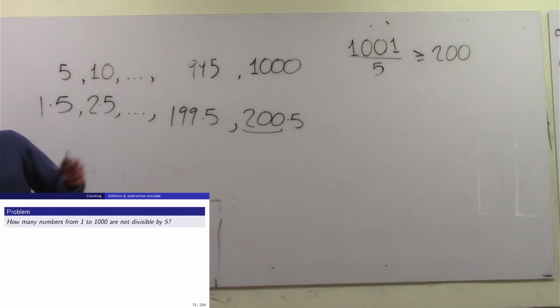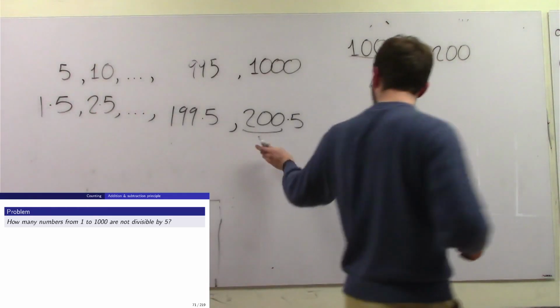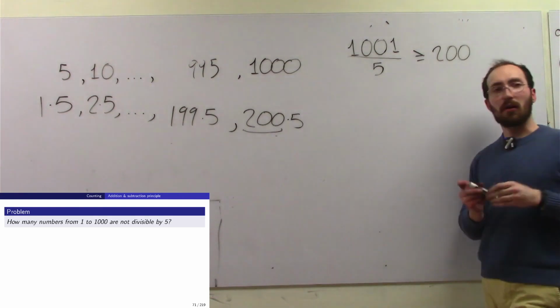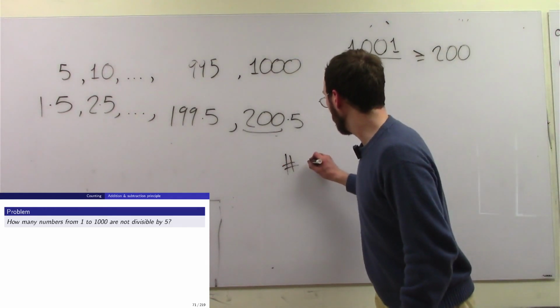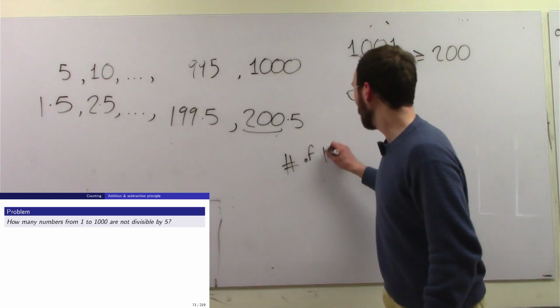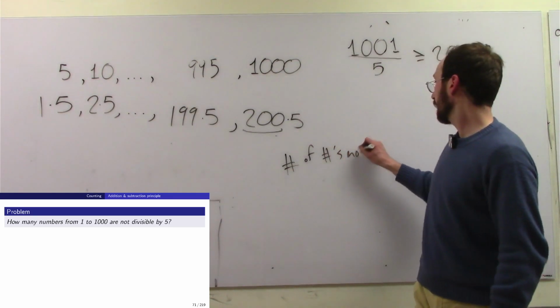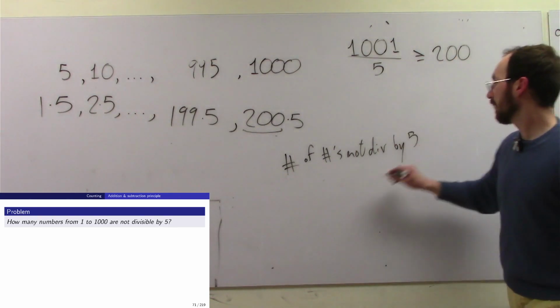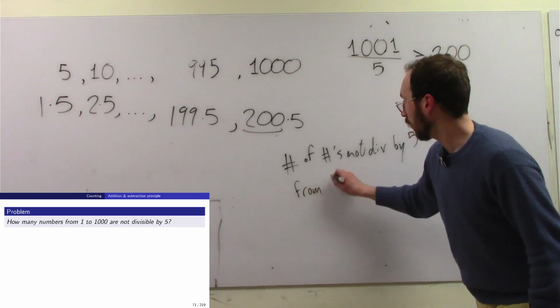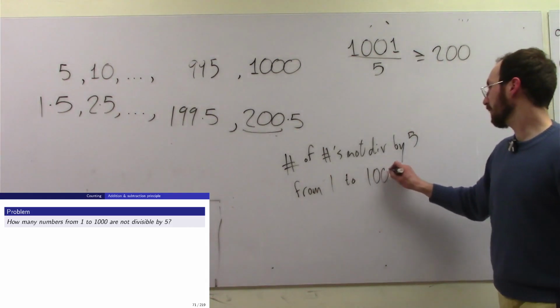So now this is great. We have 200 numbers that are divisible by 5. So the number of numbers not divisible by 5 from 1 to 1,000?